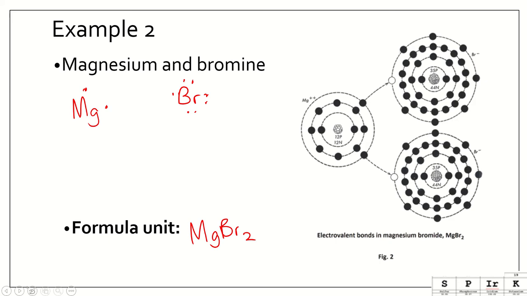So what we look at here is this bromine is going to take this electron to get 8, and magnesium still has another one, so again we must need another bromine. And here we have this bromine taking that electron. And again, this tells us that our ratio is 1 to 2, MgBr2.